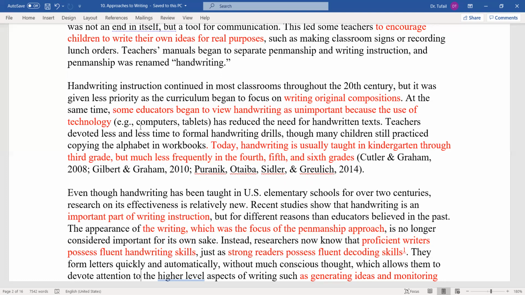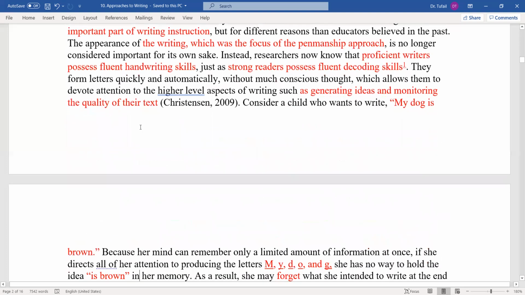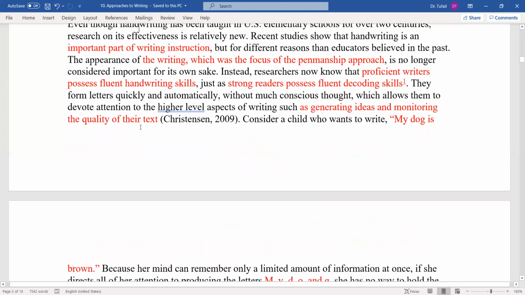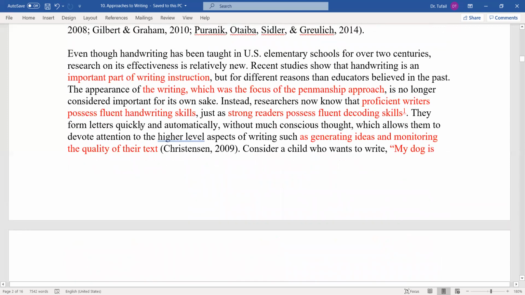Today, handwriting is usually taught from kindergarten through third grade, at a basic level. But one thing is very important as we move forward: we realize that handwriting is also important for writing.